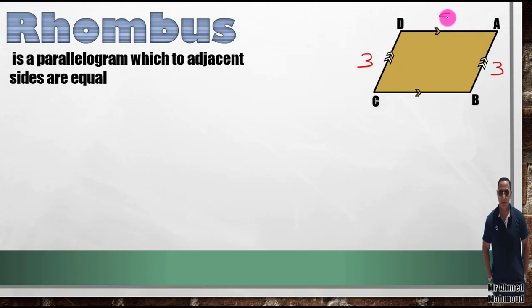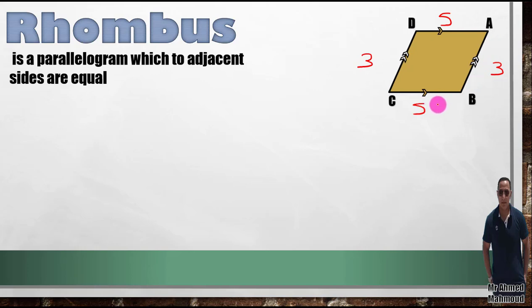If AD equals 5, so BC equals 5. What will happen if I make two adjacent sides, like AB and BC, equal? What will happen if I make AB 3 and BC also equal 3? It will be like this.